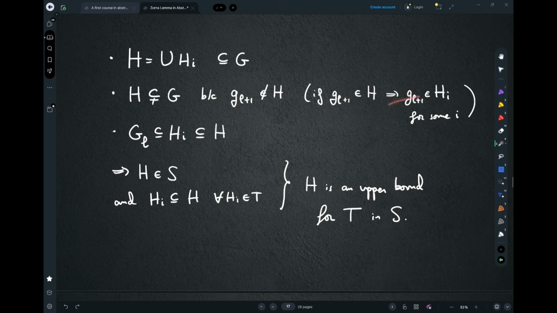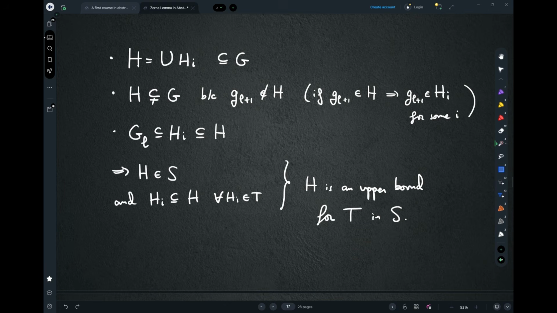So this cannot happen, therefore H cannot be all of G. Moreover, G_L is contained in H_i for every H_i, and therefore G_L is contained in H. That means that H itself is in the set S we defined, and moreover, every H_i in our totally ordered subset T is contained in H. Therefore, H is an upper bound for T in S.